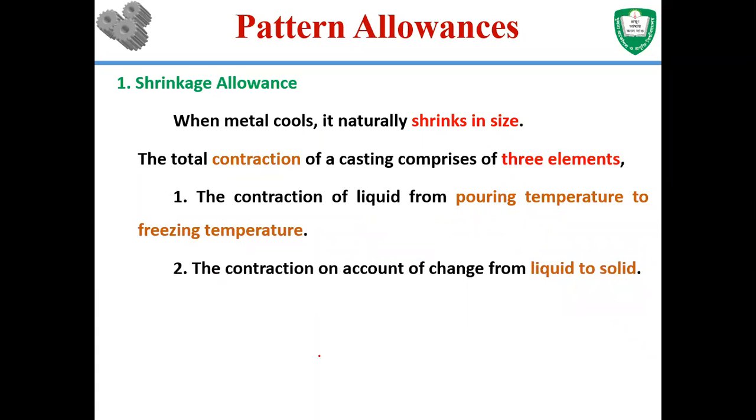The second stage of contraction occurs on account of the change from liquid to solid. That means the phase change occurs from freezing point temperature to the freezing point temperature. As we know, when the phase change occurs from liquid to solid, the temperature remains constant.